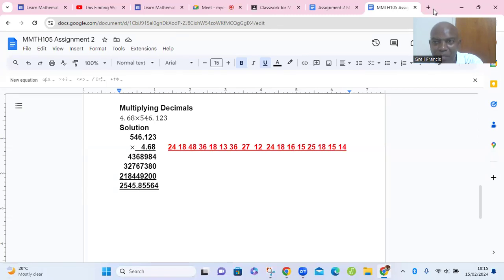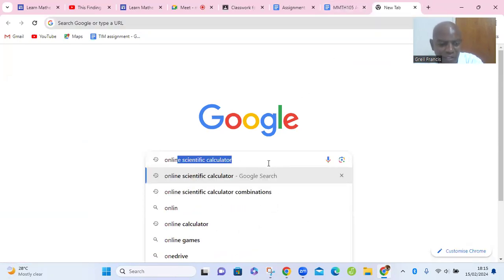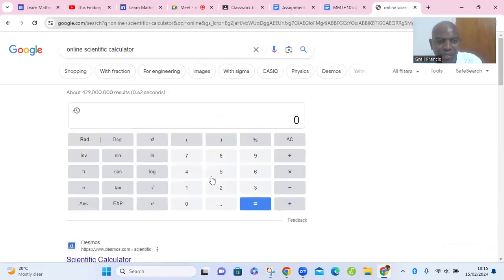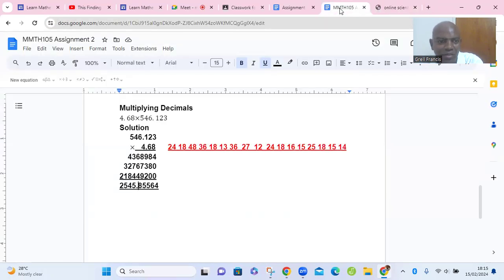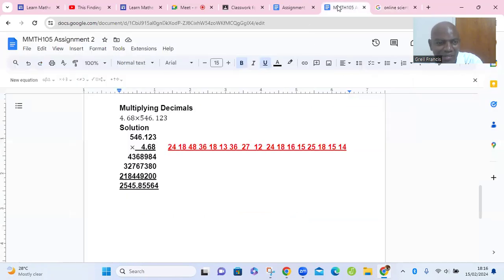So we can easily prove our answer. Here comes the suspense moment. Get our online calculator. And we are multiplying 4.68 times 546.123, moment of truth.